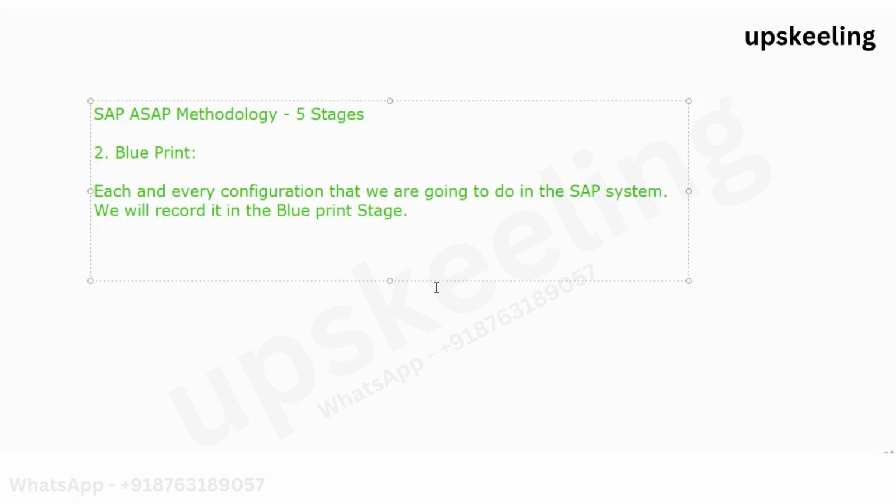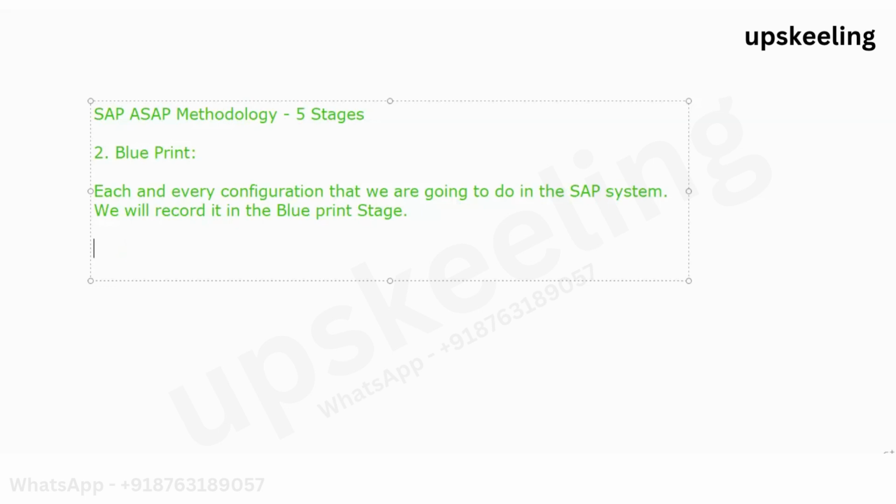Once you have prepared the blueprint and submitted it to the client, by this time you have understood all the requirements and what the client is expecting. When you try to record it in the system, there might be some gaps. The gaps are with respect to some additional settings or additional things that need to be done in the system other than what the client has asked.